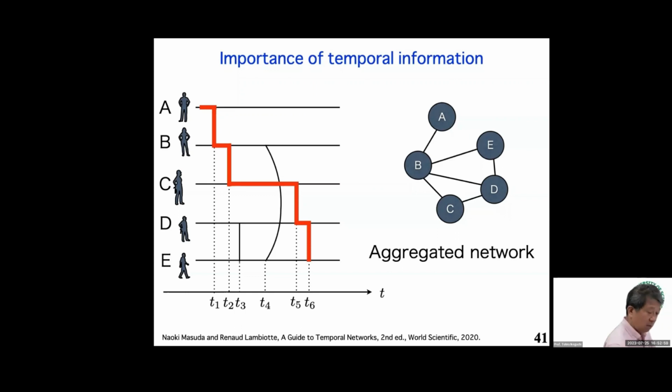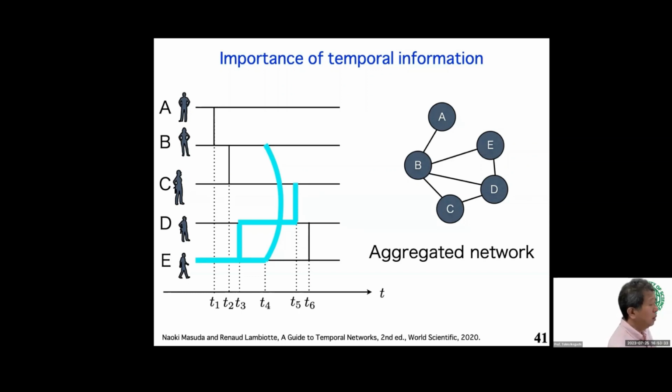On the other hand, if some different information is sent from E, the information is transmitted from E to D, D to C, and E to B, but in this case, A cannot receive this information.